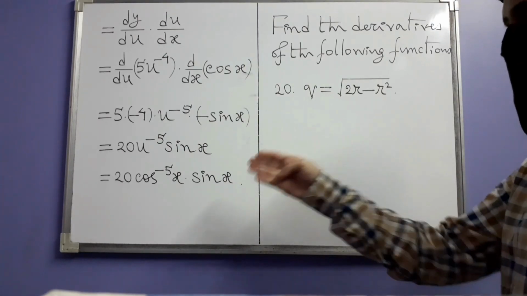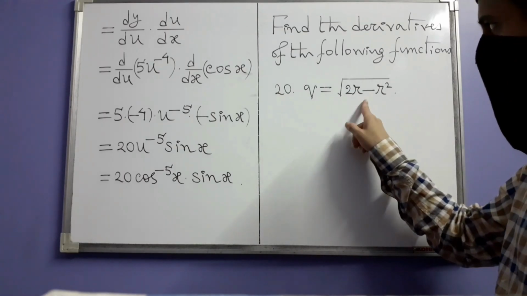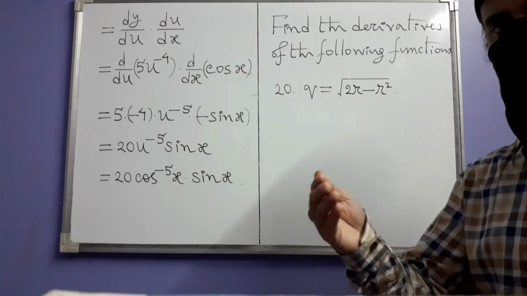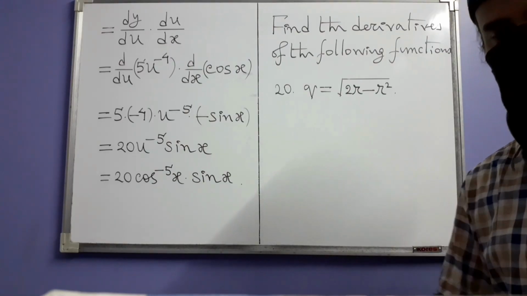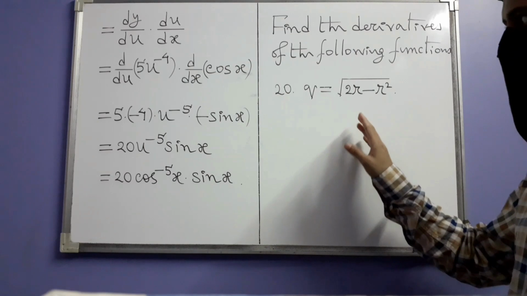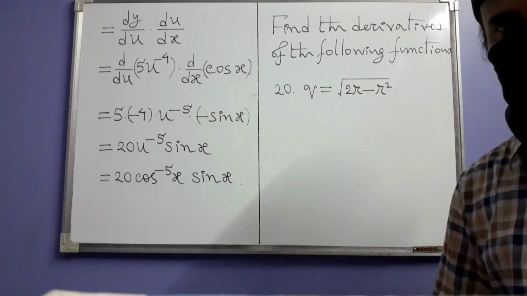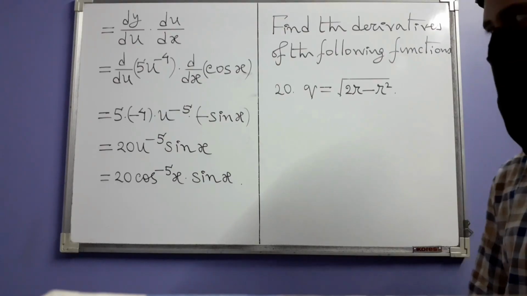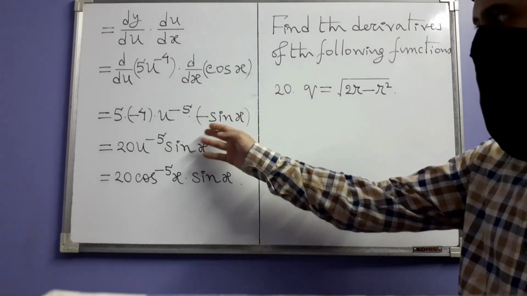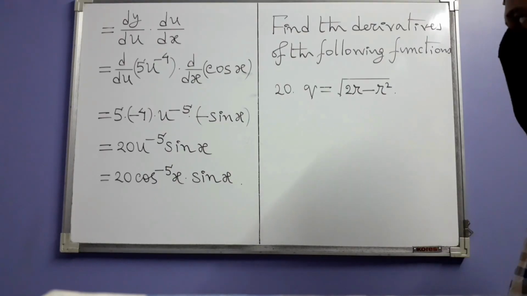You can either do that and apply the chain rule, or you can straight away apply the chain rule to this itself using the outside-inside rule, if you remember. So what I am going to do for this one is find the derivative in both ways. Okay, and then we will slowly leave this splitting. We will start doing it directly.